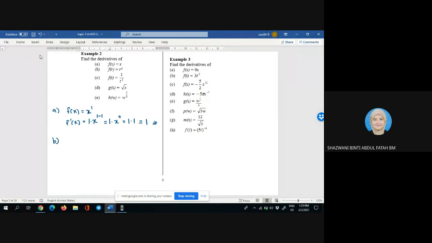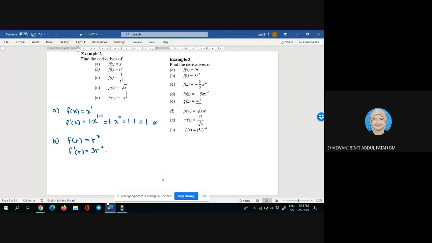Tak adalah complicated pun, okay, powernya lebih besar. So B you have f(r) equals to r cube. So now you want to find f prime r. So the answer is 3r square. Okay, cukup. Itu saja, 3r square.